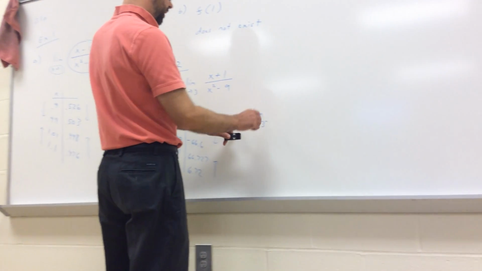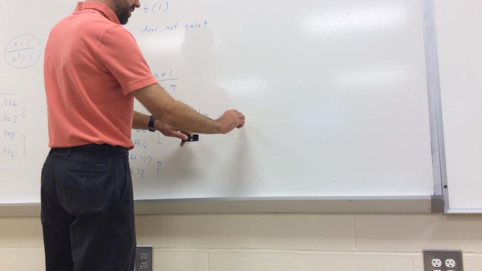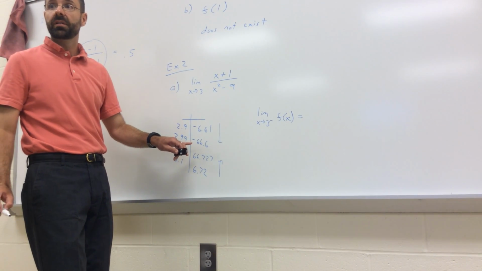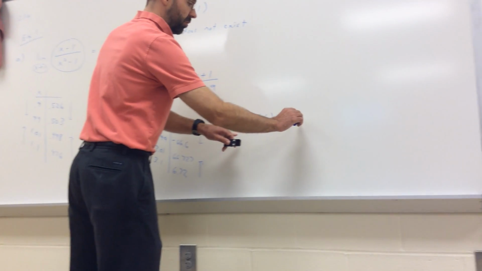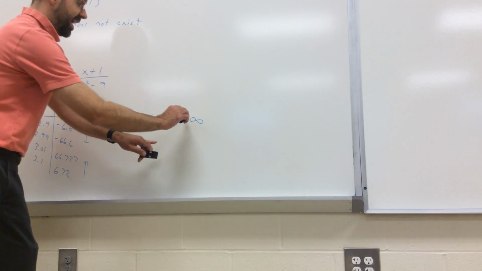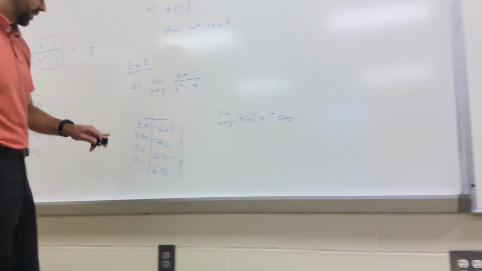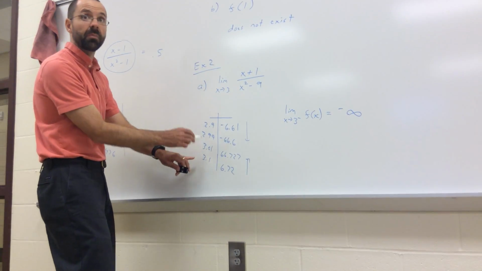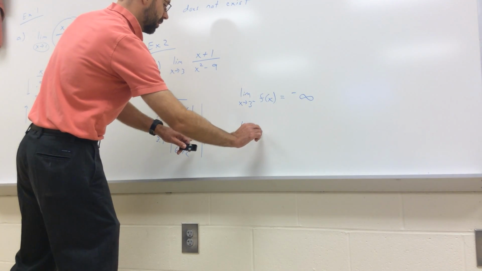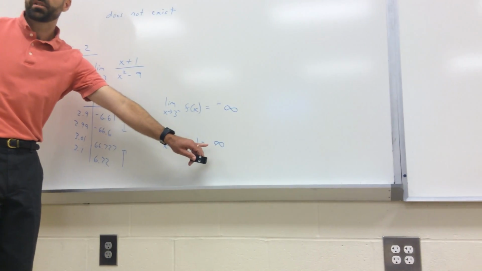So when we pick numbers at 2.9 and 2.99, what happens is it gets really, really big and negative. And then from the other end, when we pick numbers that are bigger than 3, it got really, really big and positive.